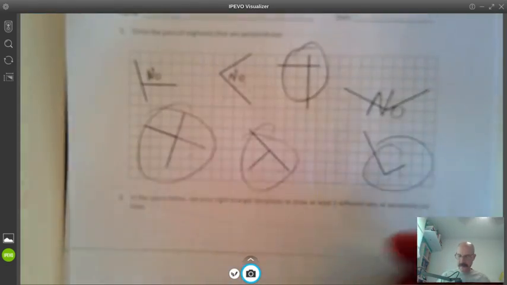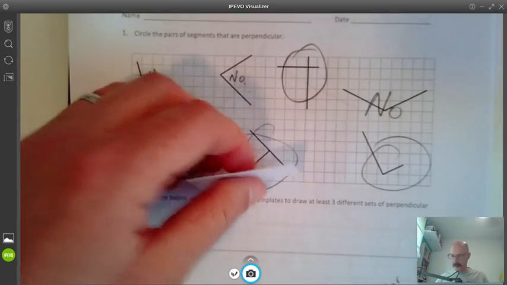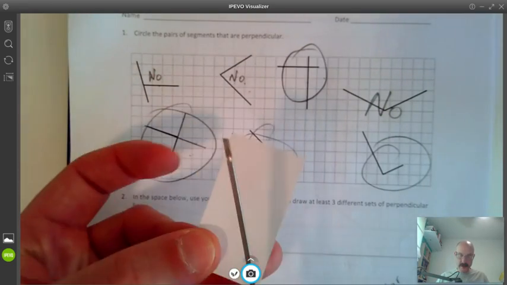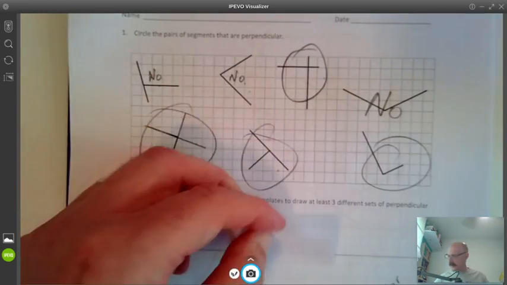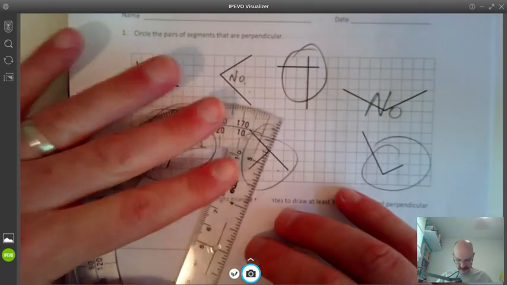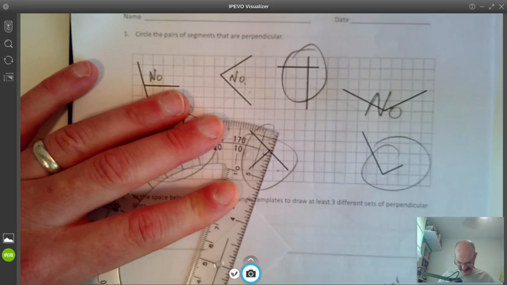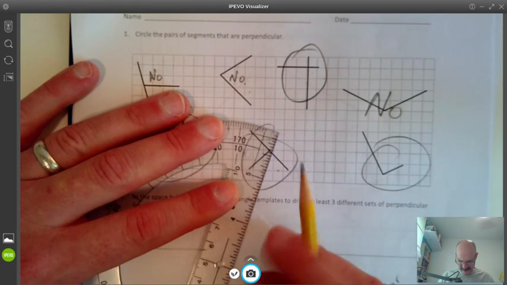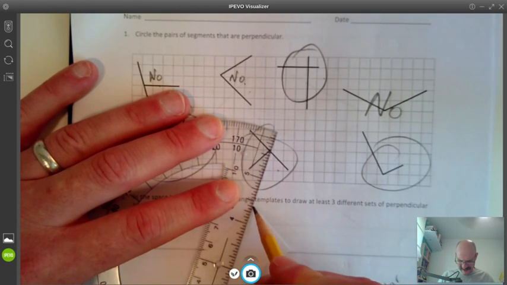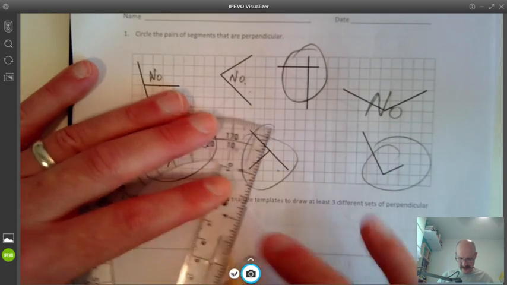Okay, and then I'm going to cut a diagonal. I guess I should draw the diagonal first. Hard to see. There we go. Like that.